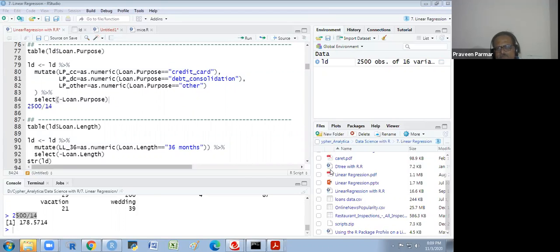That is not here because our target variable is numeric here. Got it? So we could not club it.